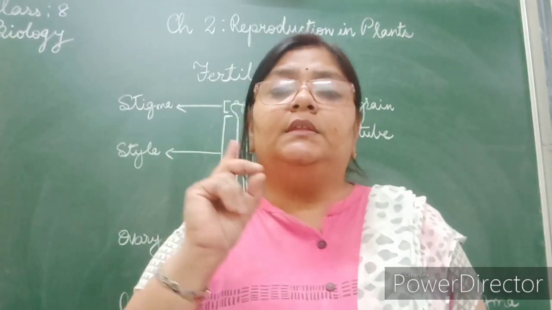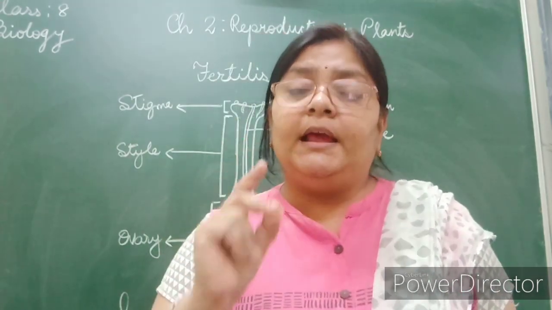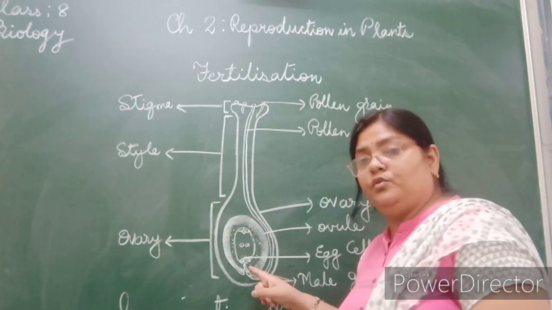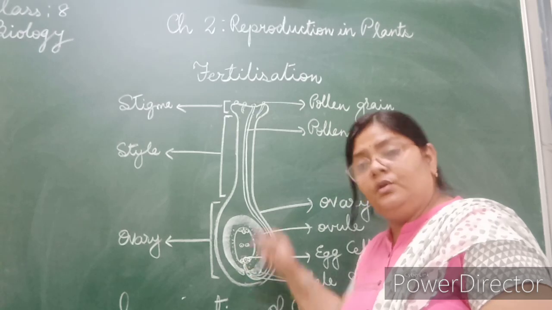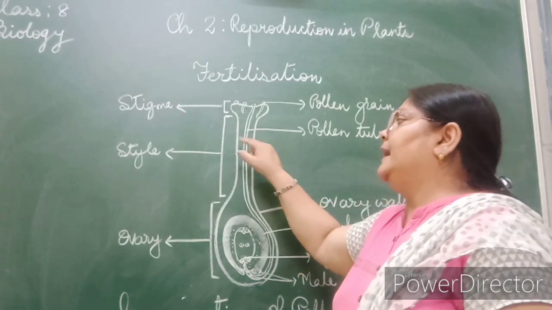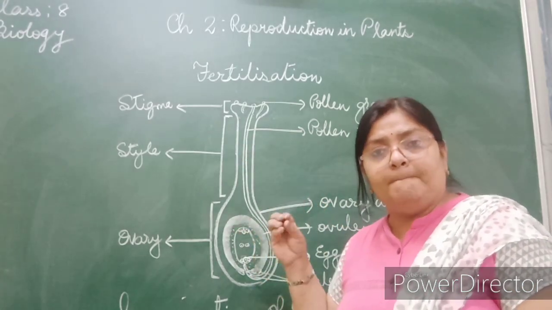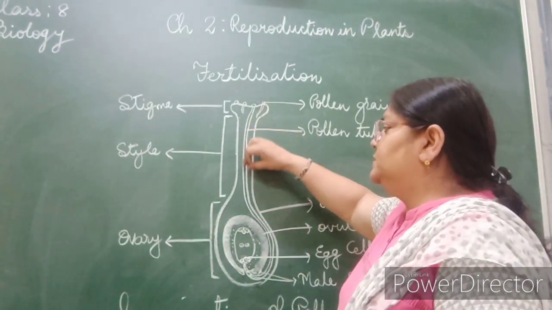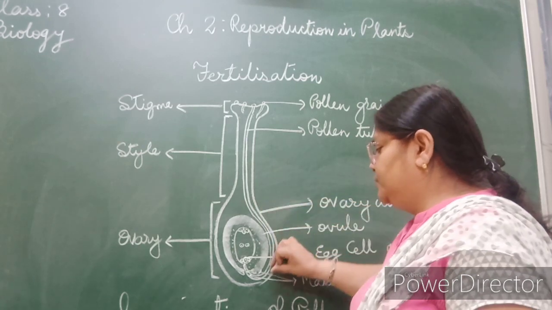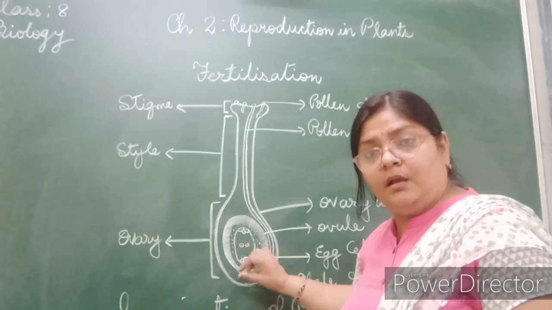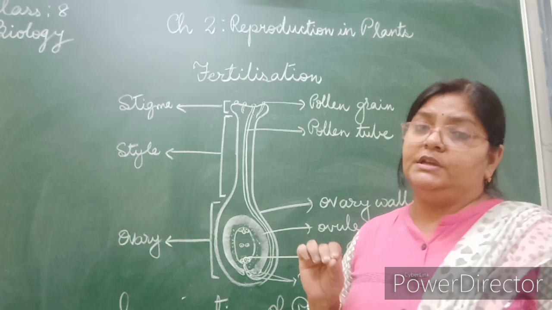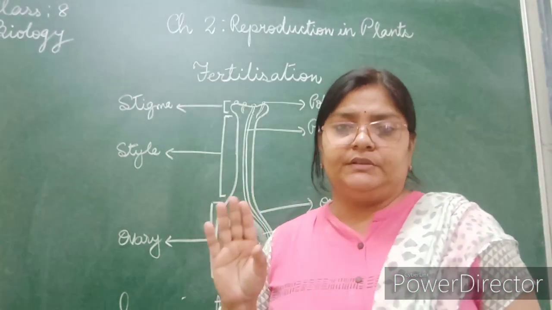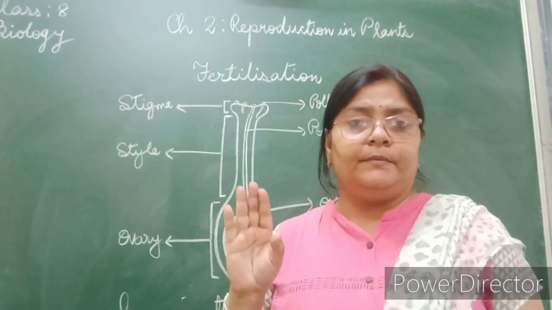Out of them, the tube nucleus helps this pollen tube to reach the micropyle. It keeps on dissolving any tissue coming on the way by producing enzymes and chemicals, and leads the pollen tube towards the micropyle. Once it reaches the micropyle, the tube nucleus degenerates, gets destroyed.